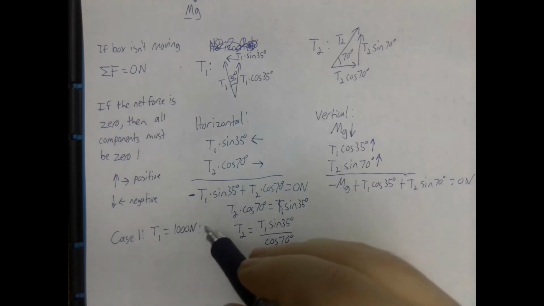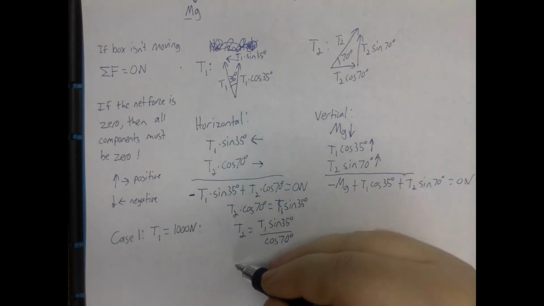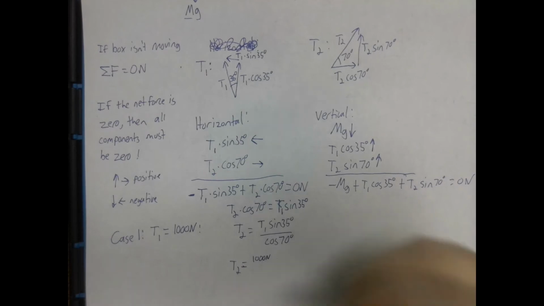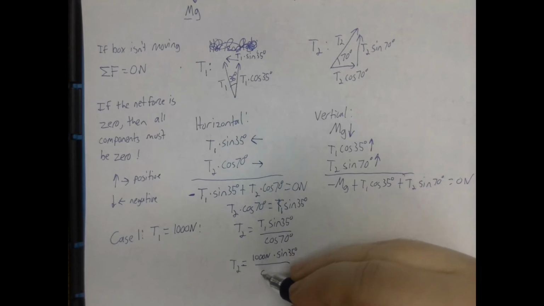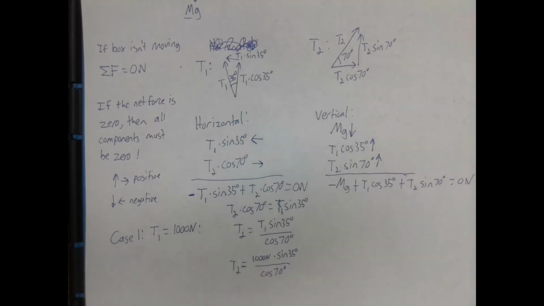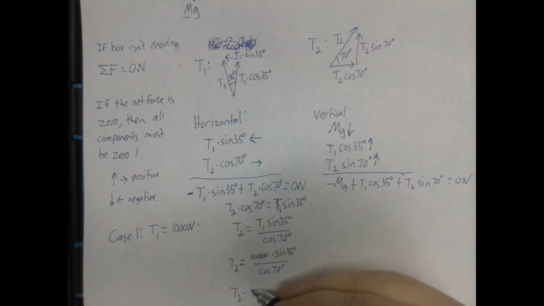If T1 is equal to 1,000 newtons, we can plug that in, and we see that T2 is equal to 1,677 newtons.